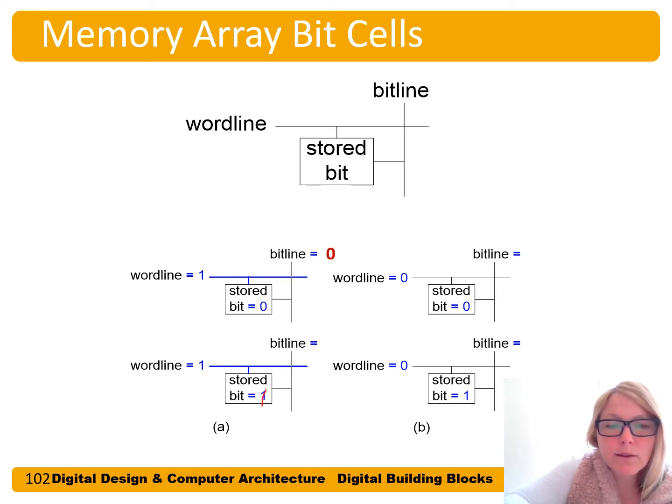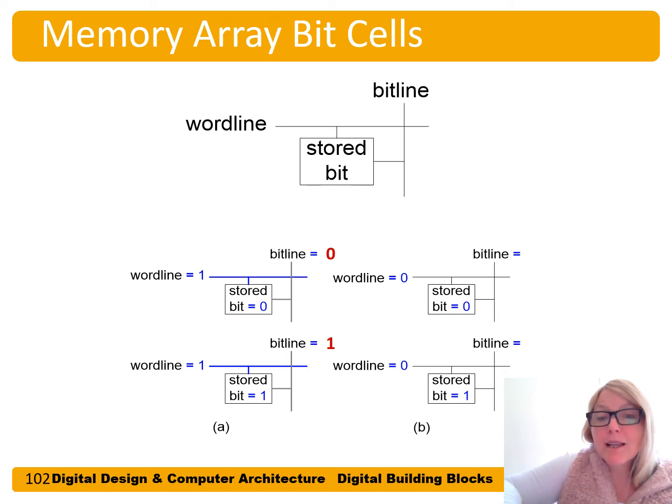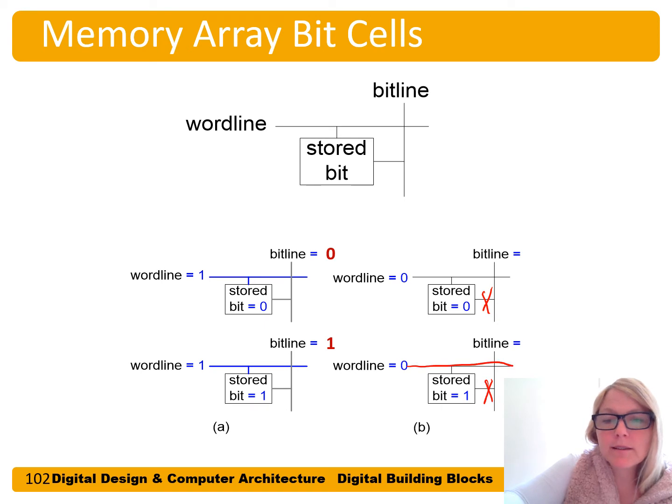Similarly, if what's stored in there is a 1, as long as the word line is 1, that 1 goes out onto the bit line, and the bit line becomes 1. In contrast, if our word line is 0, that bit cell is not enabled, and so there's basically no connection. When this word line is 0, it's not enabled, so it can't go out onto the bit line. That bit line is then high impedance.